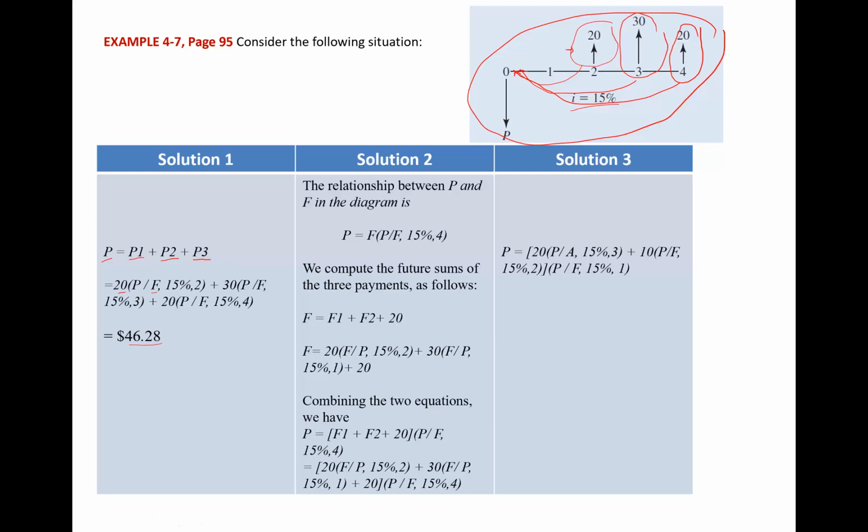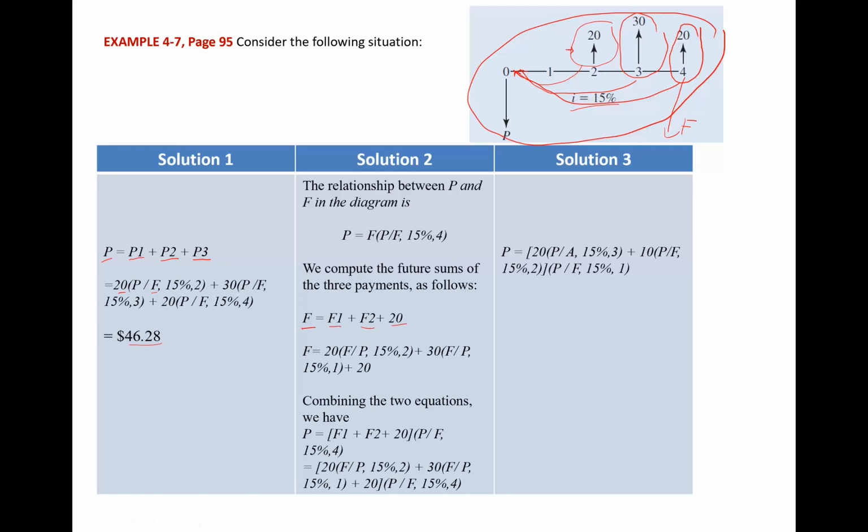So the final value for the whole cash flow will be F. We compute the future sum of the three payments as follows. We calculate the future value of 20, after that the future value of 30, and after that the future value of 20. Since this 20 is in the fourth year, there is no future value change, it will be counted as $20. So F is F1 plus F2 plus 20.